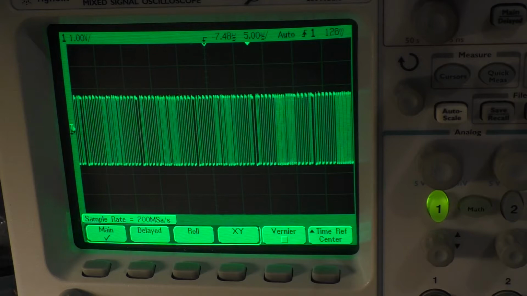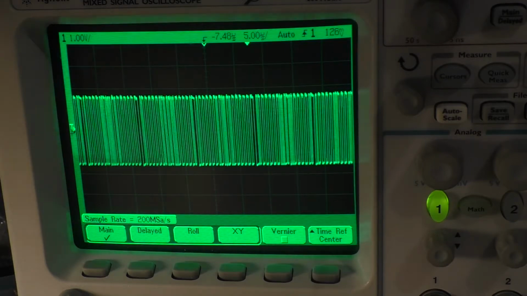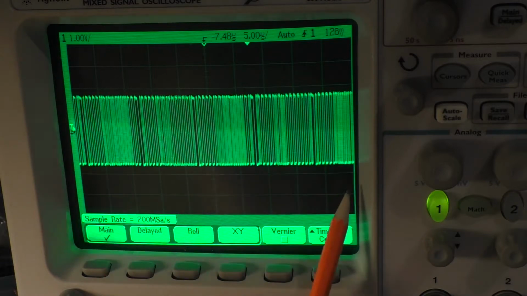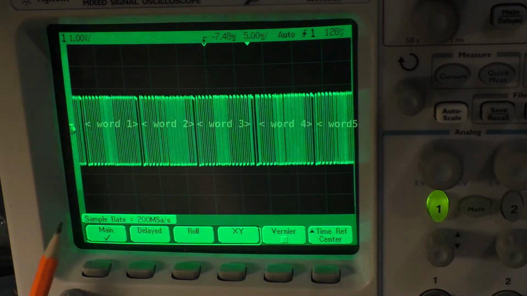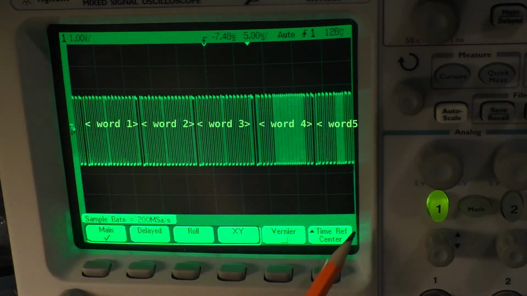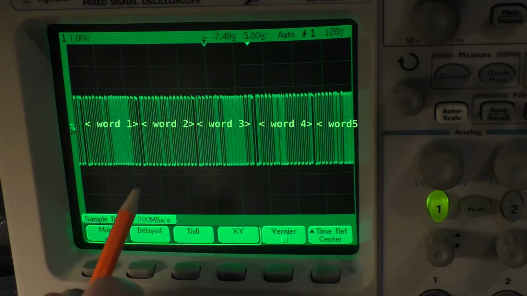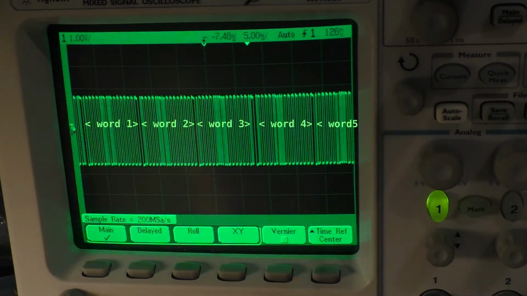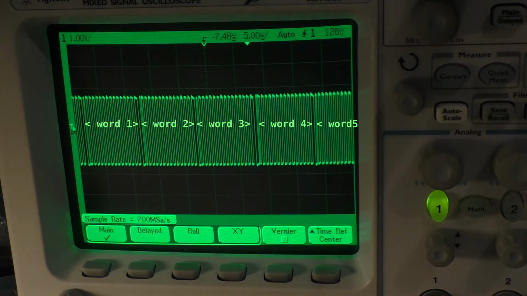So right now I'm playing some music through the sound card, and you can see that there is a repetitive pattern in this signal. So the parts that stay the same over here would be the synchronization bits, and the parts that change are the data bits, because obviously every sample has a different value. Now if I pause the music, so now I'm transmitting digital silence, which is almost always zeros.